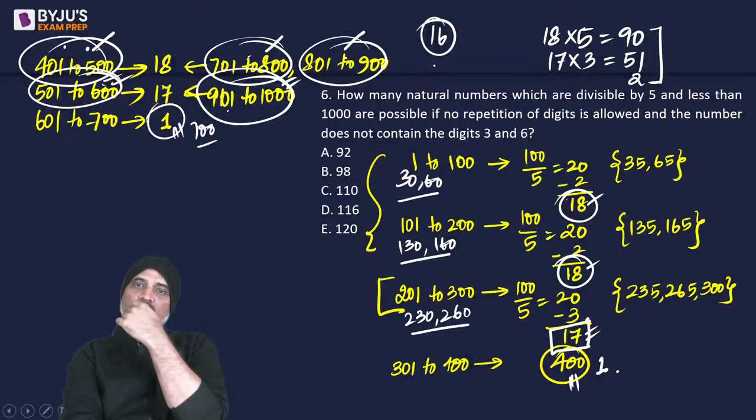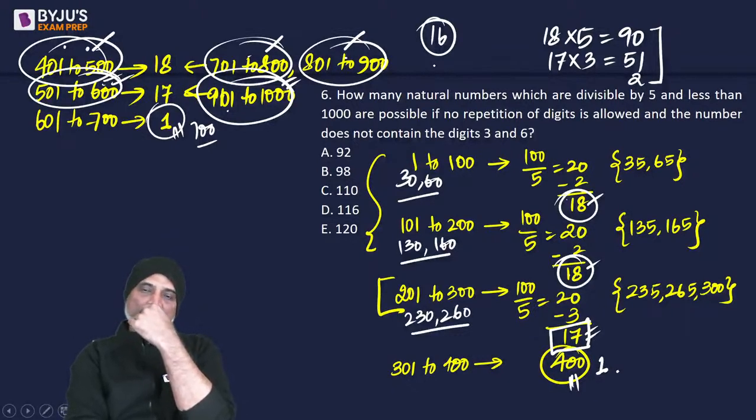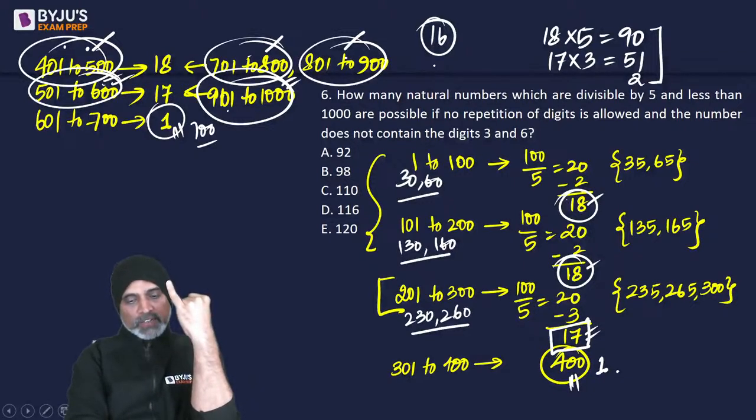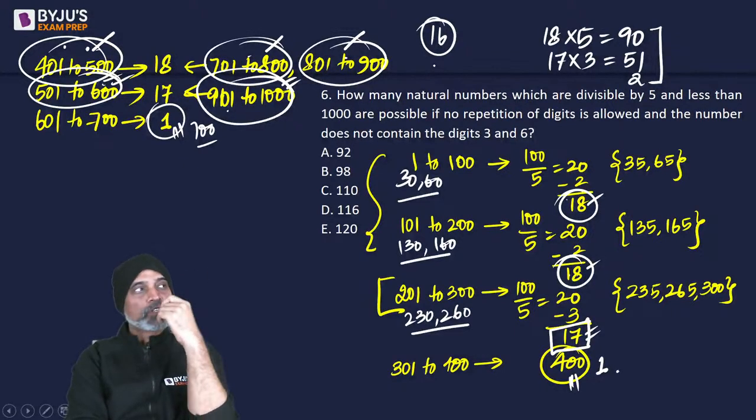Why does it look like we'll have 130, 135, 160, 165? 3 and 6 cannot be in the last digit because then it won't be a multiple of 5.